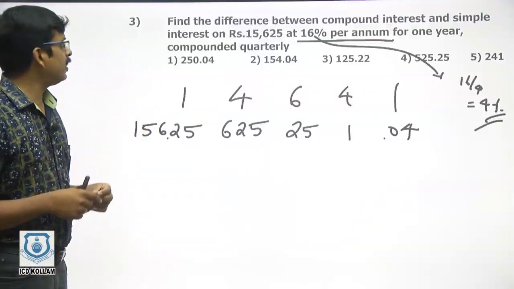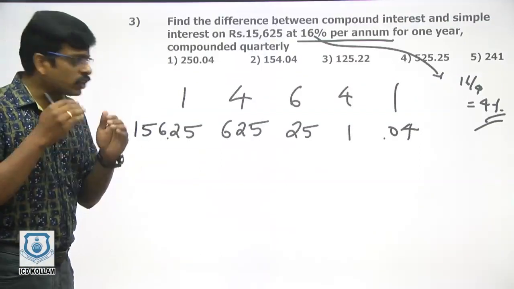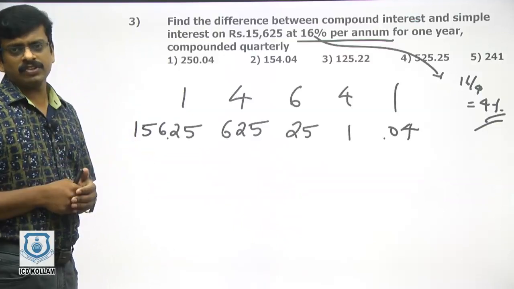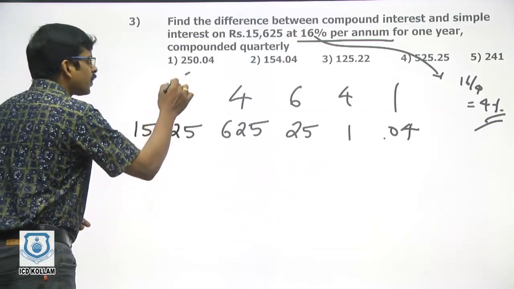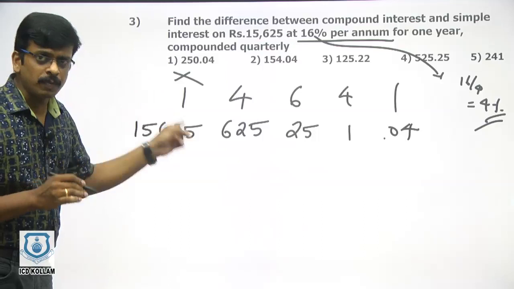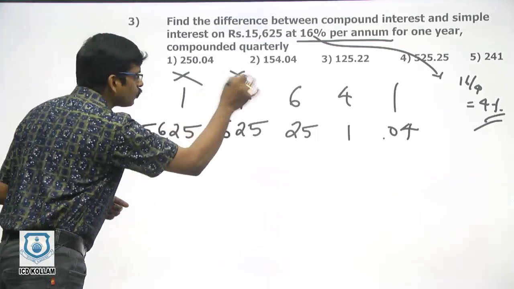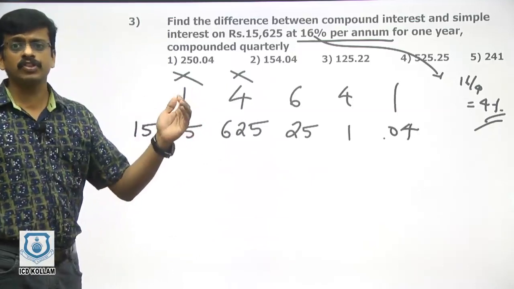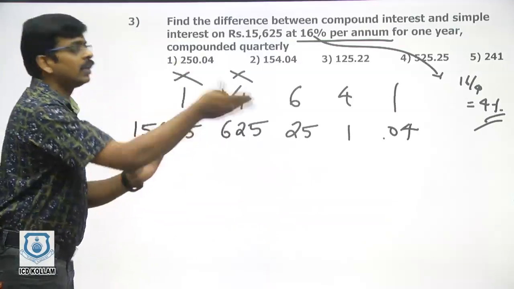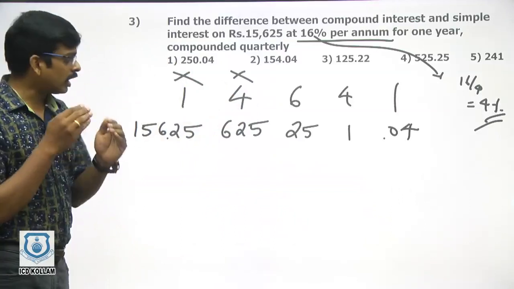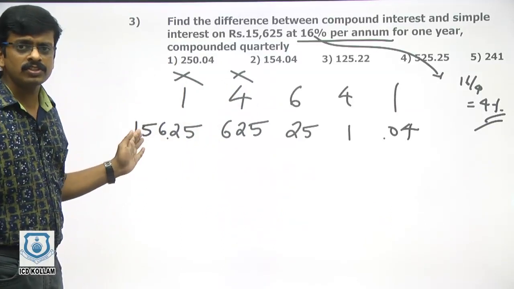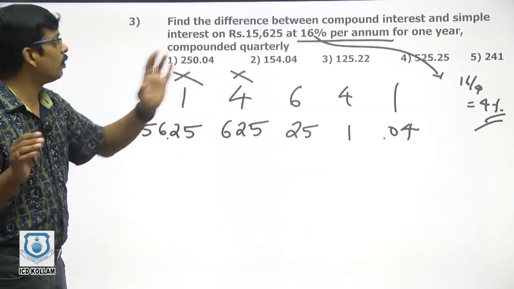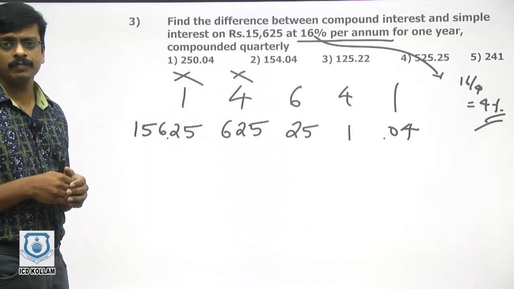Here you need to find the difference between simple and compound interest. So this first column is not needed, this is principal. The second column is also not needed because it is simple interest. We are avoiding that simple interest. So the remaining portion, whatever it is, gives compound interest minus simple interest.